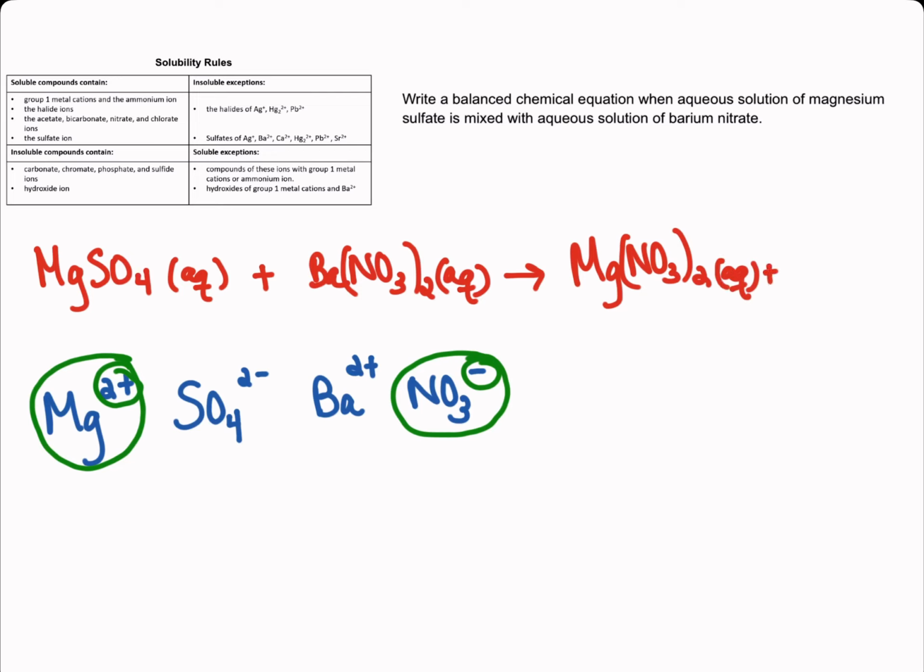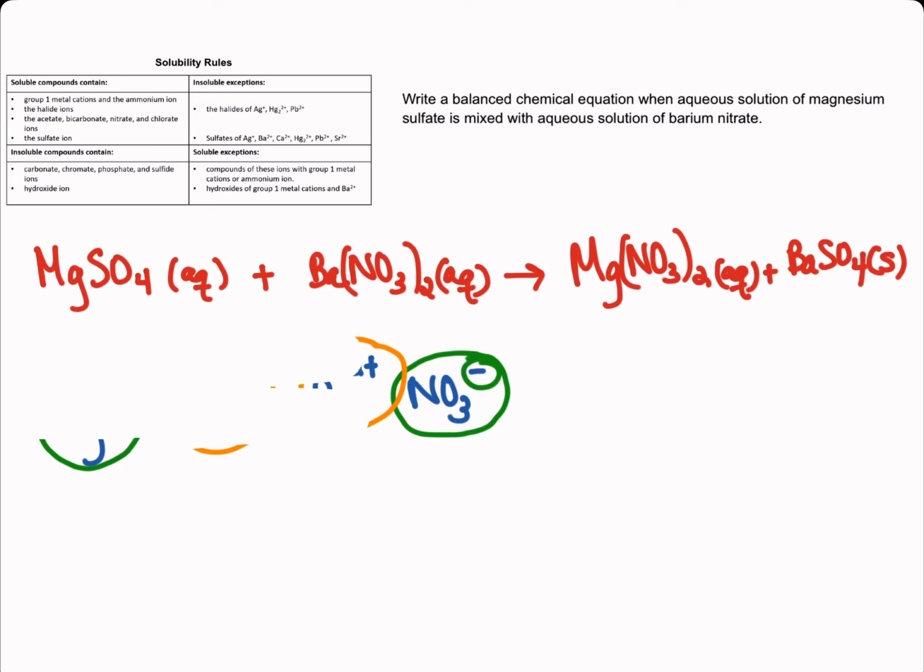And I'm going to bond barium with sulfate, and I'm going to get BaSO4. I'm going to look at my table, and it says that sulfate is mostly soluble except with barium. It becomes insoluble. So insoluble means it gets the S symbol. And before I call this my final answer, I have to make sure that this is a balanced chemical equation.